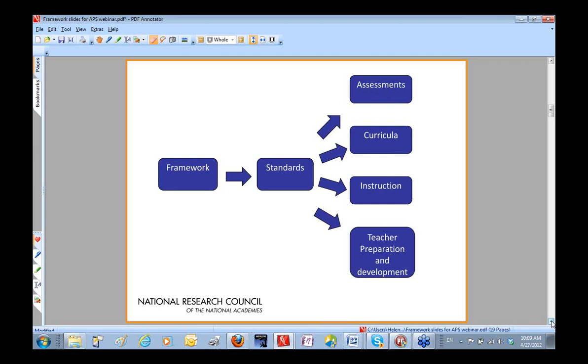For the framework, we did that, but of course, in order to do the full job, there are areas where we had to make best guesses of the committee, based on the areas where there is research.